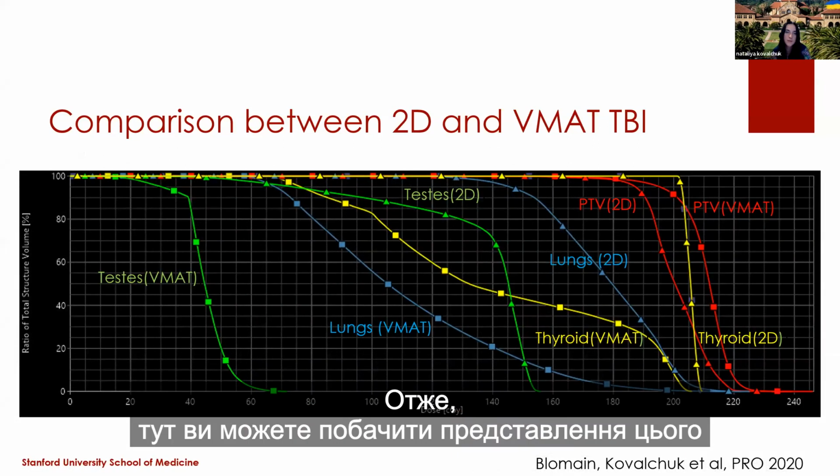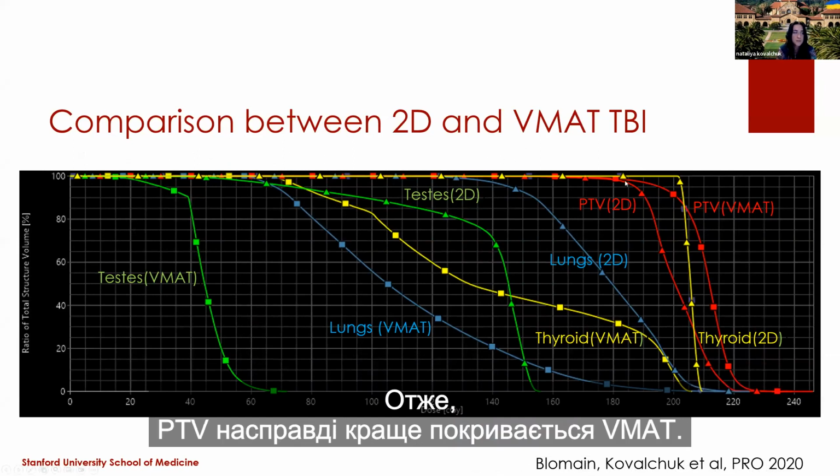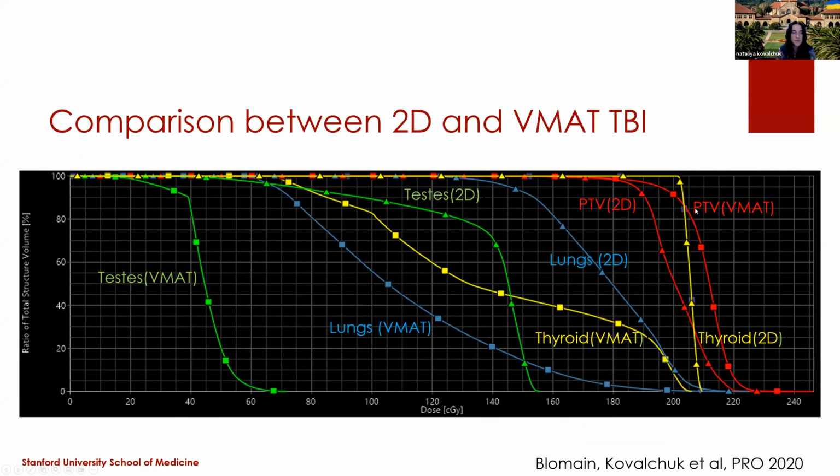So here you could see the representation of this with the DVH for one of the representative patients. The PTV is better covered with VMAT, so you get 90% of the PTV covered by the prescription dose.